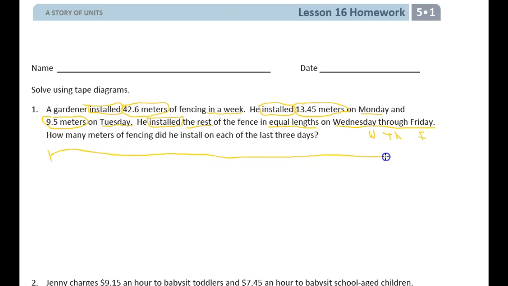So here's the whole week. And we know that the whole week was 42 6/10, and I'm just going to put an M for meters. Oh, that's a sad M, isn't it? There we go. Make it a little better.